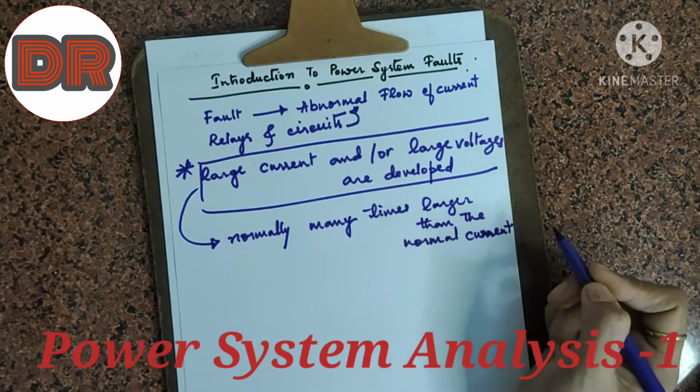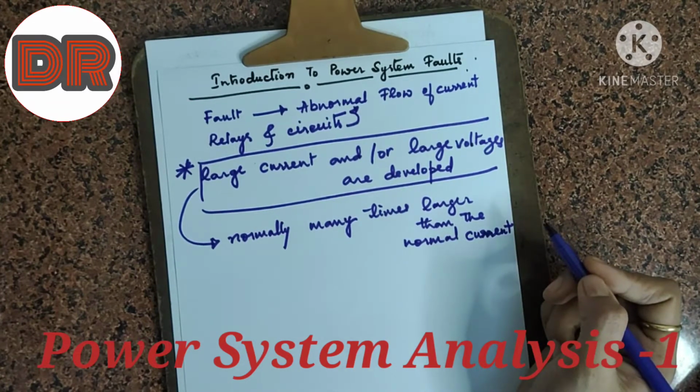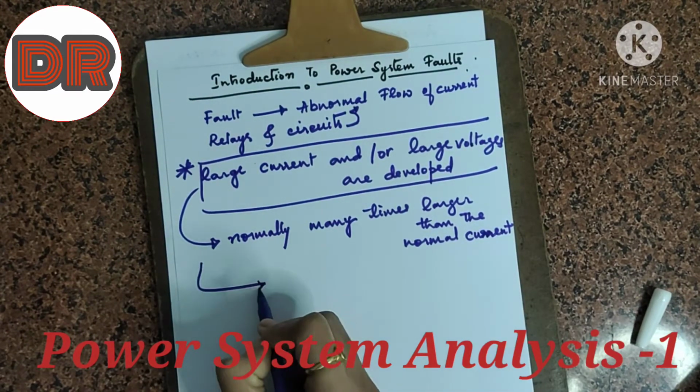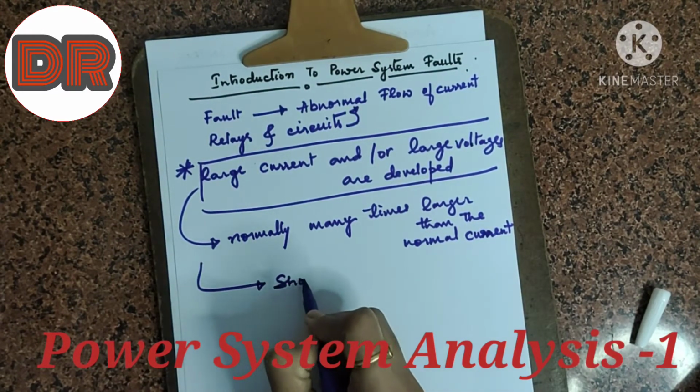What is meant by normal current? Normal current is when the system is healthy. When there is no fault, the current flowing in the system is known as normal current. These large currents are known as short circuit currents.